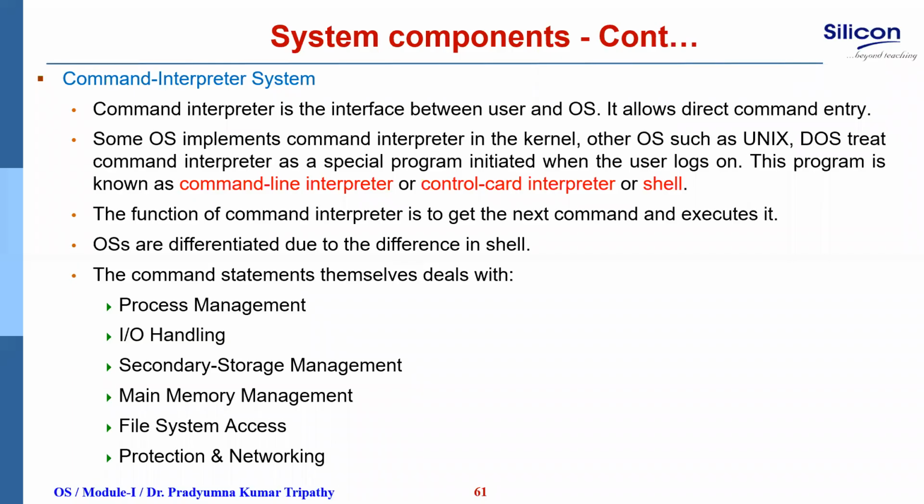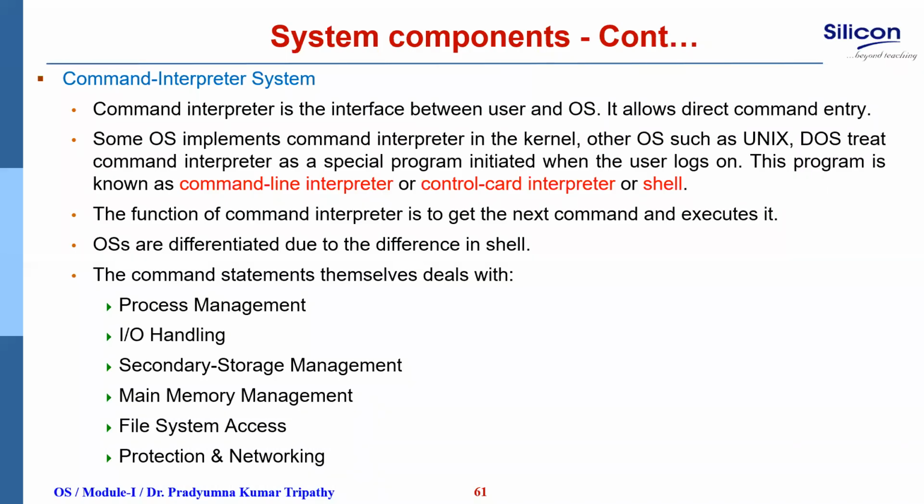Operating systems such as Unix and DOS treat the command interpreter as a special program initiated when the user logs on. Whenever Unix or MS-DOS logs on, after login you will get a prompt, maybe a dollar prompt or a C:\ greater than prompt. The prompt is the place from where you can give commands.